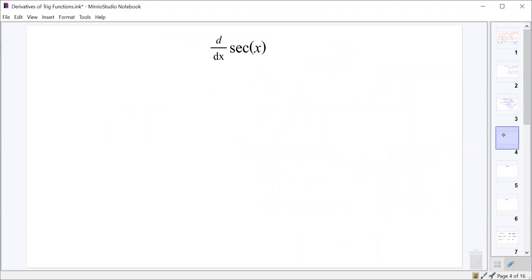Let's do secant x. How should we rewrite this one to use one of our rules that we know? One over cosine. Good. So 1 over cosine x, and we can just use the reciprocal rule on this one, right? So the derivative should be negative derivative of the denominator, so negative sine, divided by that denominator squared.